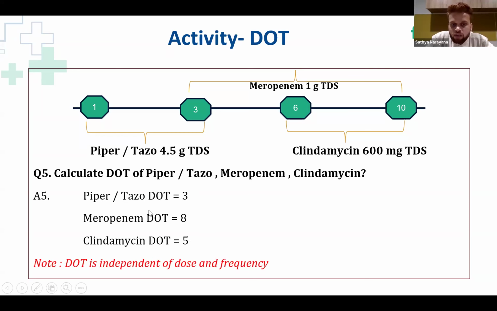So this is the overall DOT for each and every antibiotic used for this particular patient. Again, one thing: the DOT won't depend on dose or frequency. Here we are going with each and every antibiotic, so that's why we need to calculate individually.